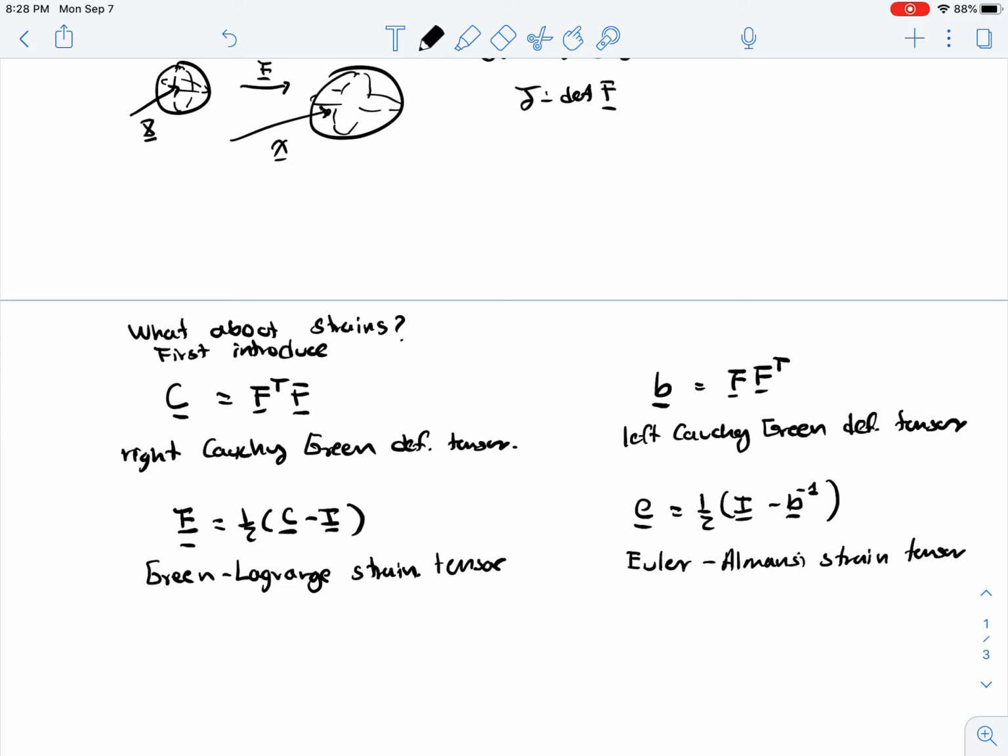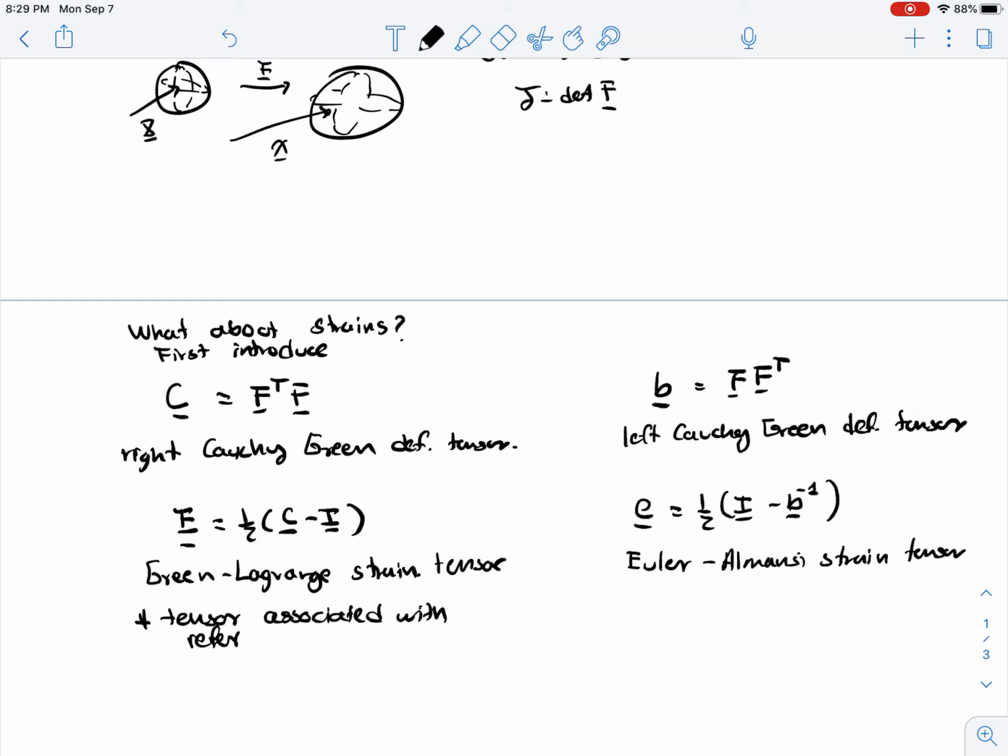These are all second order tensors, but I use capital case for things that I will refer to as being in the reference configuration, whereas I use lowercase tensors for things that are associated more directly with the deformed configuration. And part of your homework will go into this, trying to get a little bit more intuition of why I say that these things are with respect to the reference configuration.